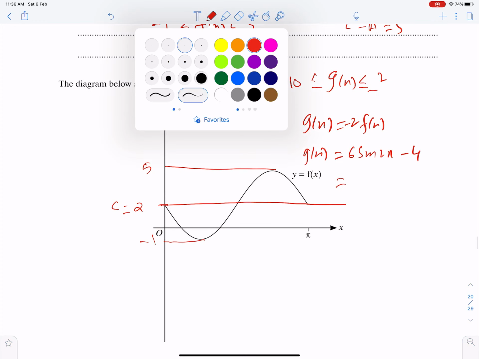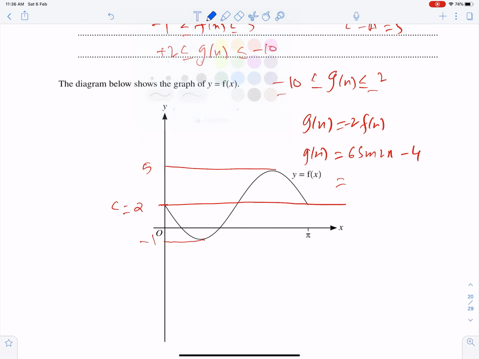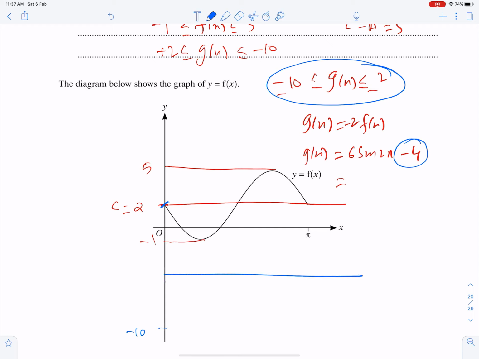Now, to sketch g(x), make sure you first observe the range of g(x). The range of g(x) is minus 10 to 2. So this should be negative 10 and this is 2. And this is c, and c is negative 4. It's here. Now you need to sketch this sine function. So it will be like this.